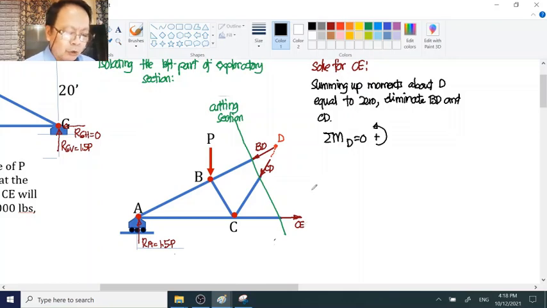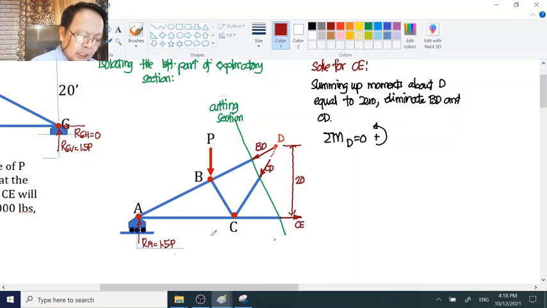And because we are talking moment, then we need to identify muna yung mga moment arms that each of the forces will have about the moment axis at this. So i-identify natin isa-isa. So what will be the moment arm of this CE about D? You will find that this distance will be equal to 20. Kasi given naman ito, di ba? Samantalang itong P ay will have a moment arm equal to 1/2 of the horizontal distance because it is placed 1/2 or at the midpoint of the top chord.